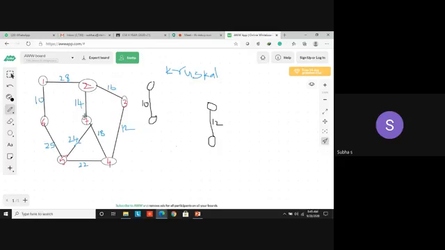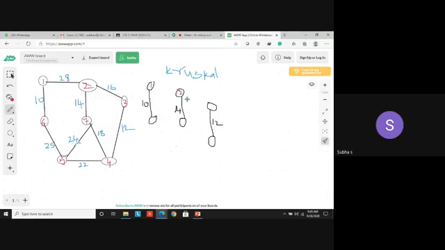Okay, so what is the next one? 14. Okay, so 14 is connected between which vertices? 2 and 7. Yes, so just connect and put the edge. Yes, let's number the vertices, then it will be clear.